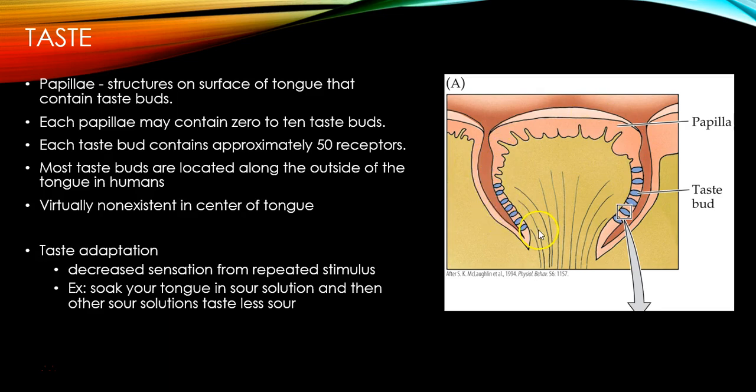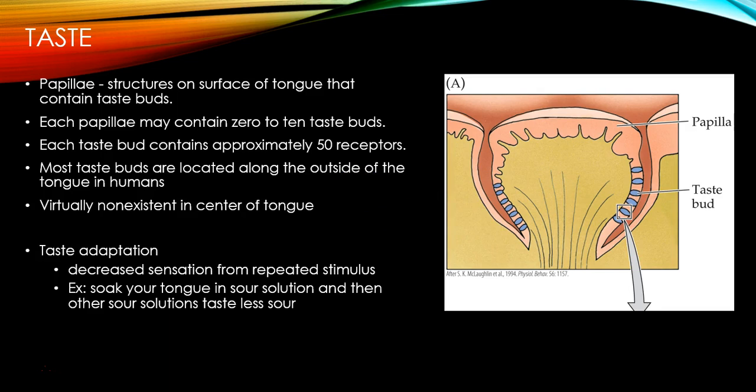There may be 10, up to 50, sorry, I've got a bunch of numbers there. But a number of different taste buds. Most of them are located along the outside of the tongue in humans, and not really many taste buds towards the center of your tongue.